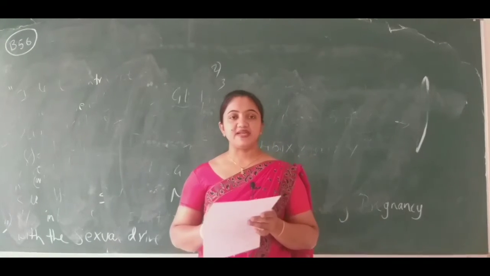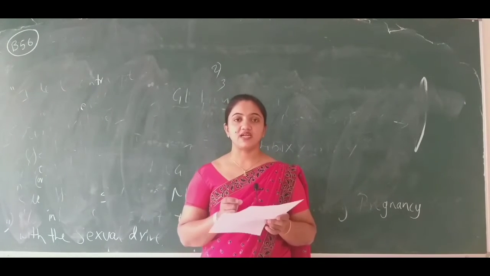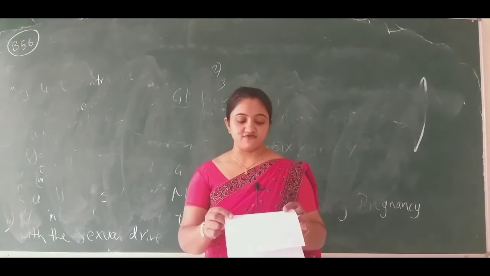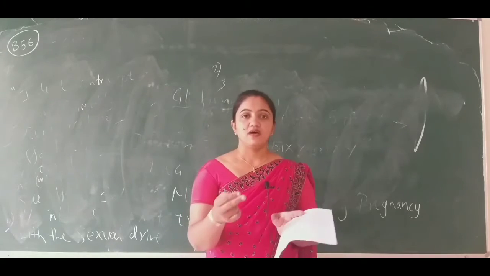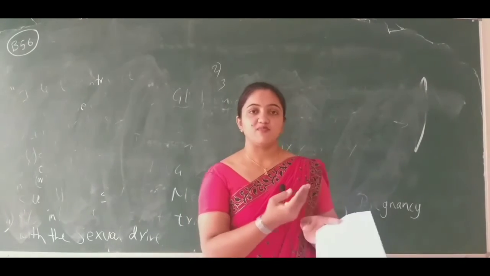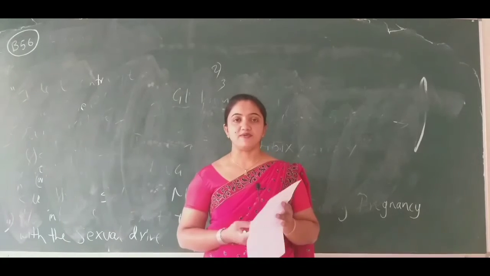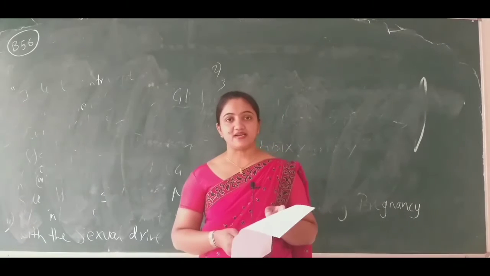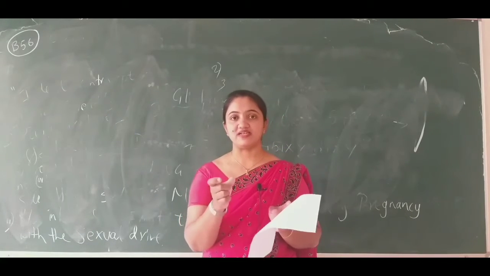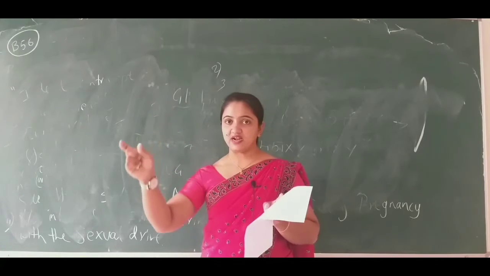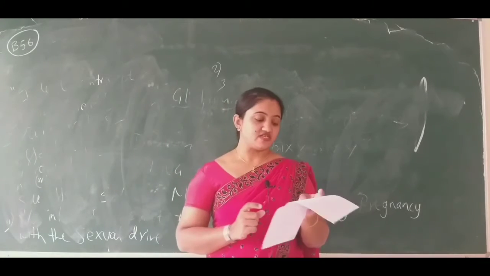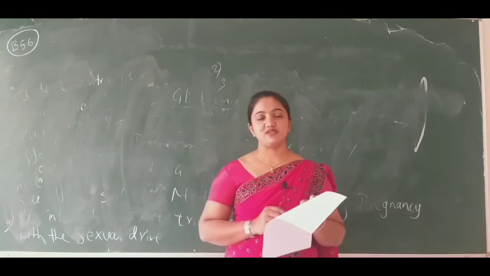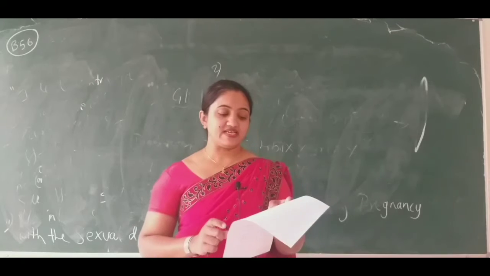One is rapid decline in death rate. That is the first reason for this question. And then decreased MMR. MMR means maternal mortality rate. So the maternal mortality rate keeps on declining. One more reason is IMR. IMR means infant mortality rate.